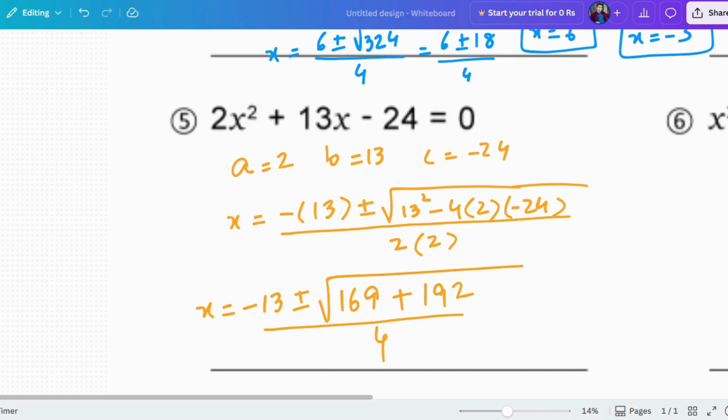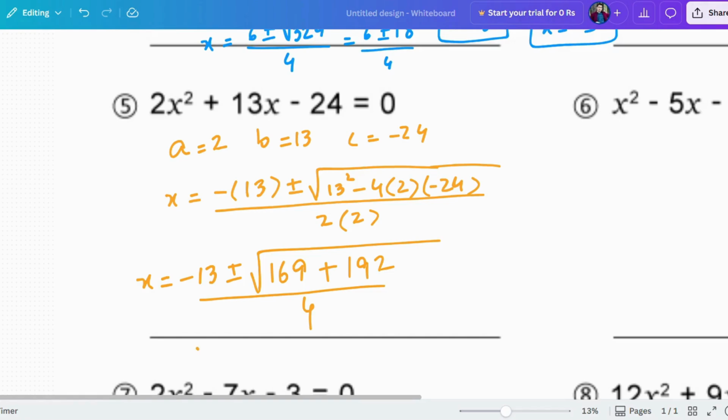So 192 plus 169 is equivalent to 361. I'm going to write it down over here: minus 13 plus or minus the radical of 361 over 4. So now if I take the radical of 361, that's equivalent to 19. X equals minus 13 plus or minus 19 divided by 4.